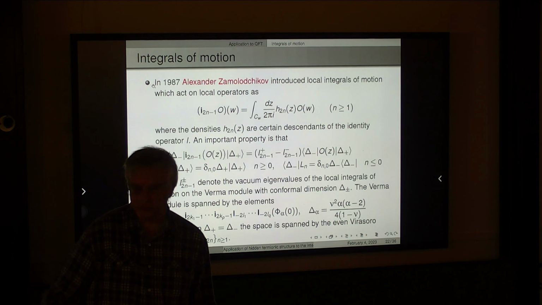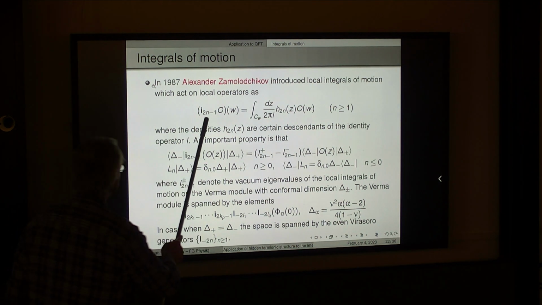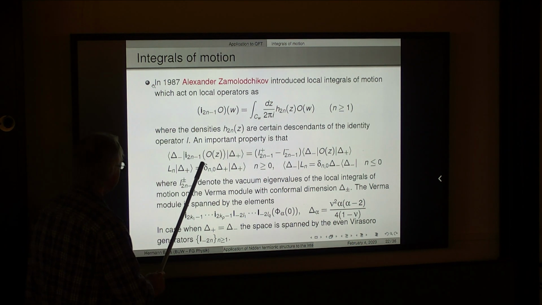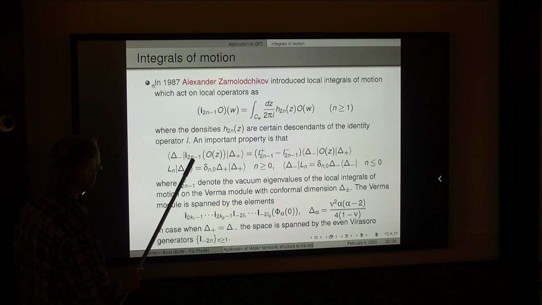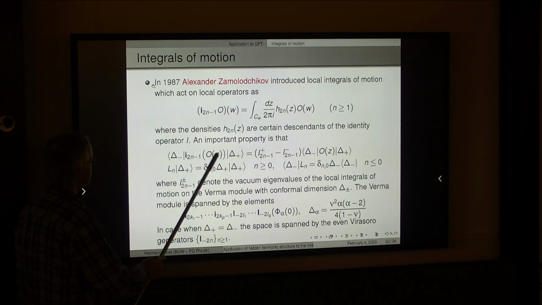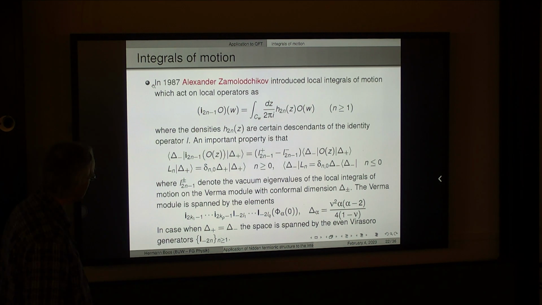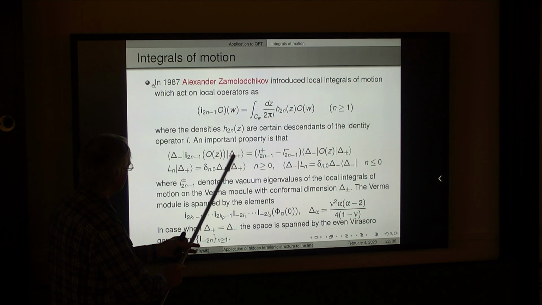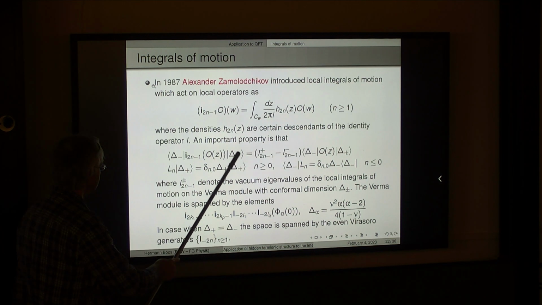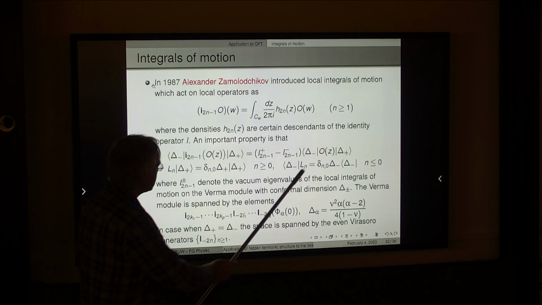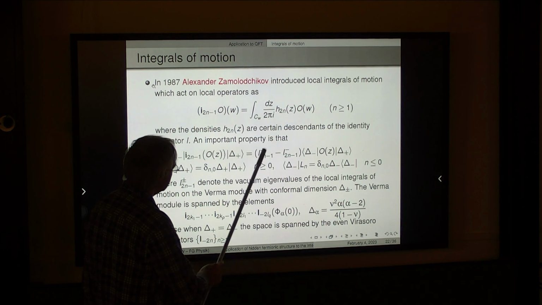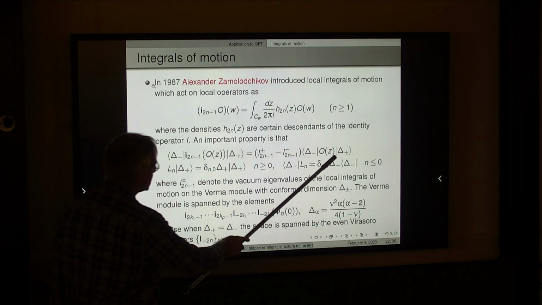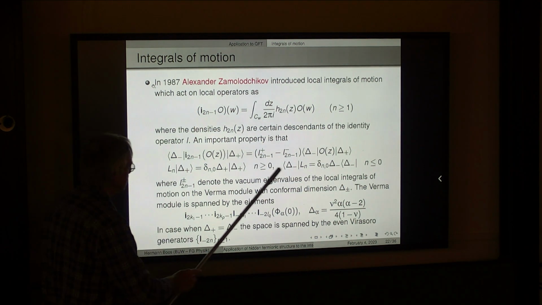This is what Fede actually showed you. And the important property is that if we plug such integrals acting on some local field, or between two states with conformal dimensions delta plus and delta minus, then the result will be proportional to the difference of integrals of motion applied to the states.